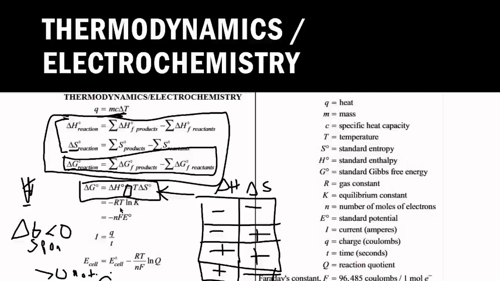And then finally, standard Gibbs free energy can also be equal to negative number of moles of electrons. Okay, so you'd have to count the moles of electrons.